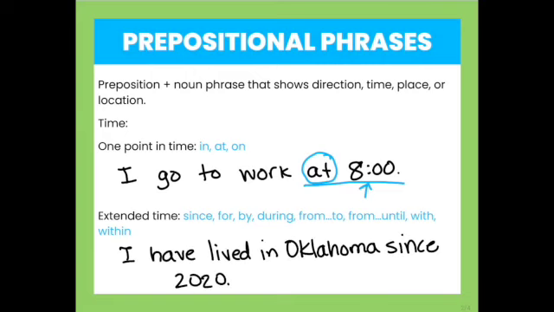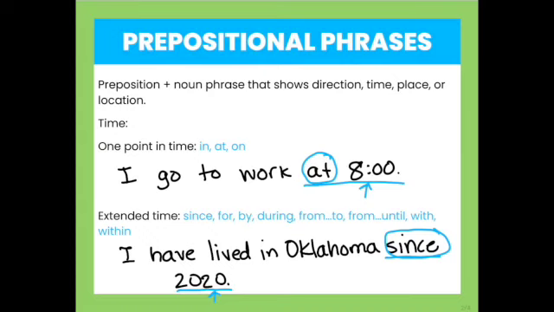In this particular case, we are talking about the fact that I have lived in Oklahoma. That by itself would be a fine sentence. It is an independent clause, but we have added on this detail about time, since 2020, and to show that we've used the preposition since, and the noun part of that prepositional phrase is 2020.